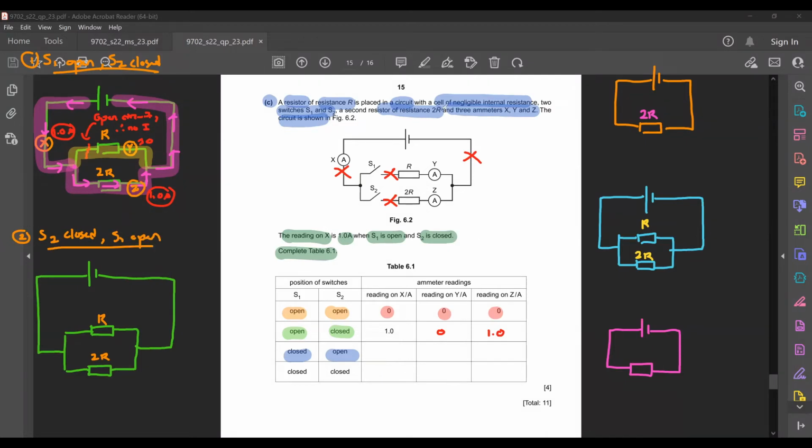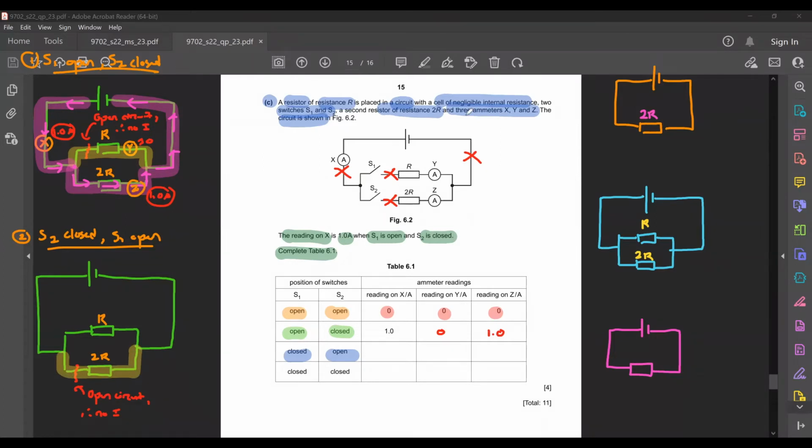So in our case, there's actually some sort of breakage at the bottom part of our parallel connection. This part is open circuit. Therefore, no current. Current will not flow through this path at all.